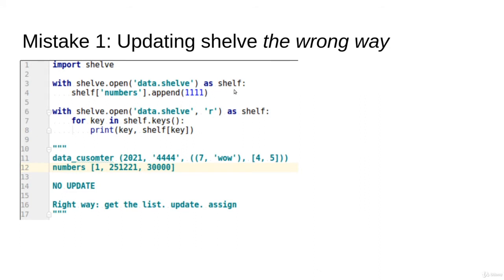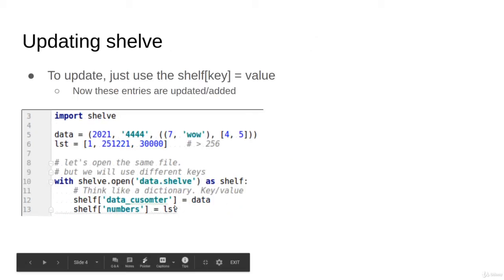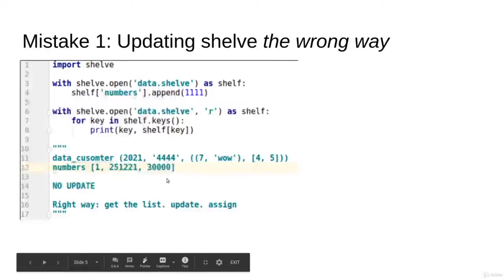Someone might try to open the shelf and then call shelf of numbers.append(111), and think that this is a list of numbers and I'm appending 111, so the shelf should be updated. This will not be the case. If you try to print the shelf again, it will be just as it was, without a change. The right way is to get it and then assign it. So you need to assign this way to update something in the shelf itself.